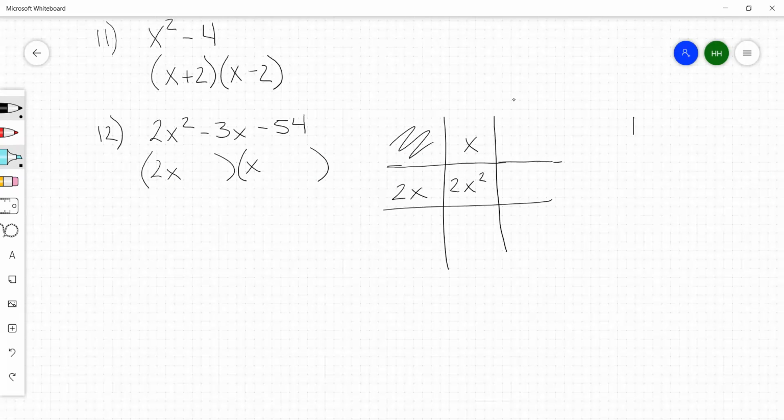Factors of 54, 1 and 54, 2 and 27, 3 and 18. 4 doesn't go into 54. 5 doesn't. 6 goes 9 times. 7 and 8 don't go.